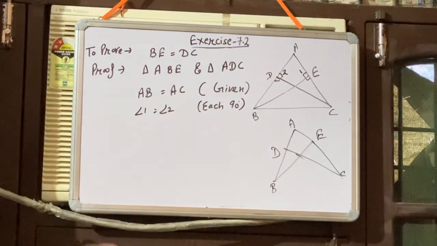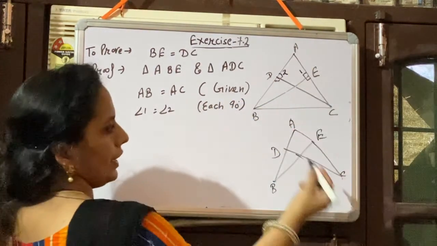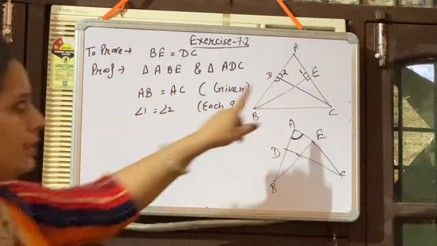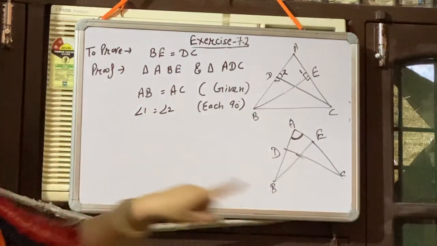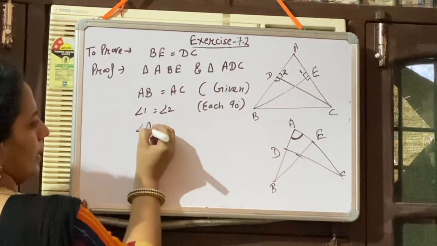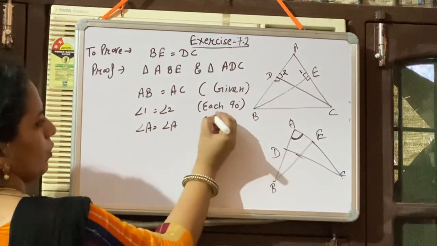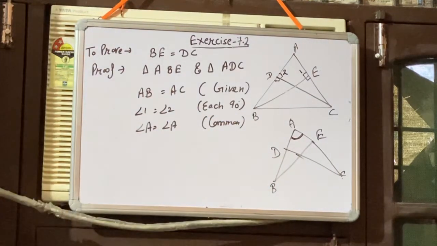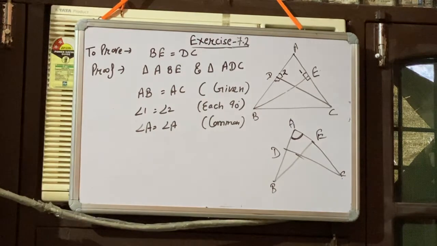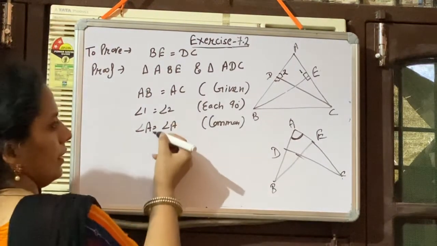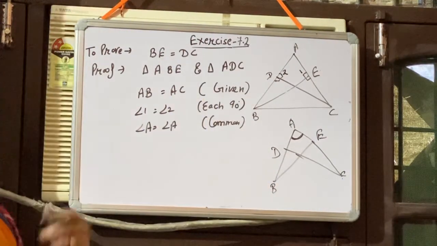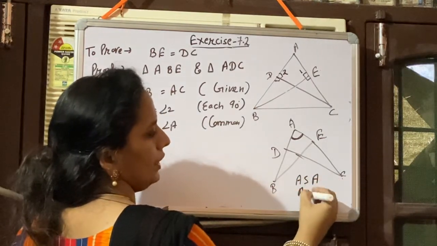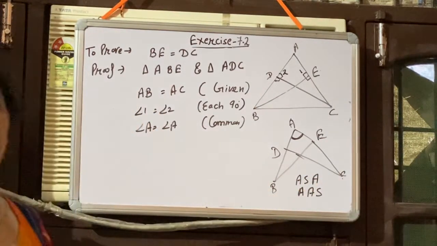Next, when we see here, in both of the triangles angle A is common. So we can say angle A is common. Now we have to find which rule we have followed here. Two angles and one side. Either it will be angle side angle or it will be angle angle side.